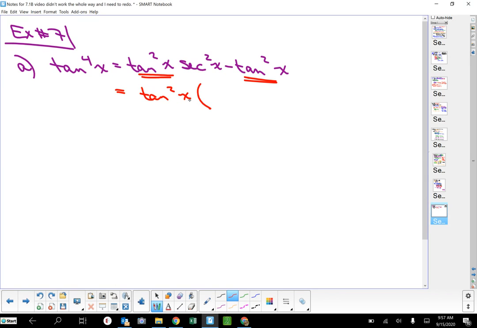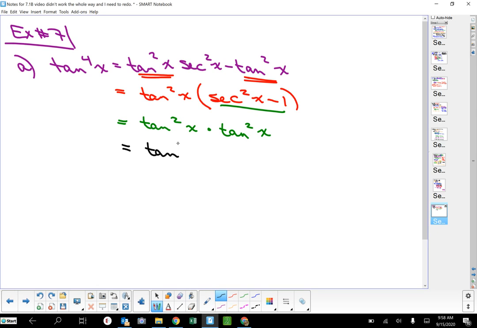Tangent squared x, and that leaves me a secant squared x minus 1. And secant squared x minus 1 is tangent squared by a Pythagorean identity. And tangent squared times tangent squared is tangent to the fourth. And you were trying to show that it's tangent to the fourth. So that one's done.